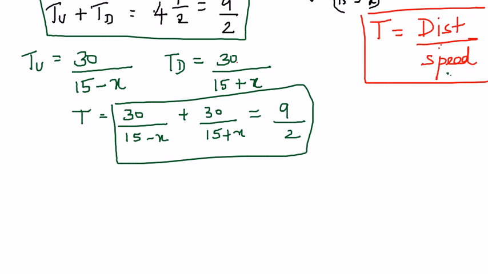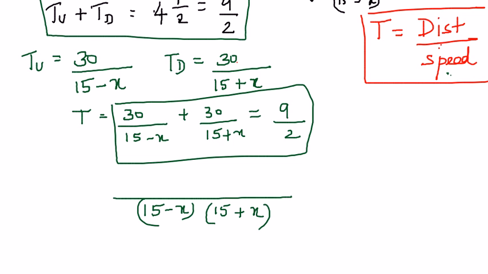So whenever you add two rational expressions, you have to take the LCM. So what is the LCM for this? It is 15 minus x into 15 plus x. And in the numerator, I'm going to take this 30 outside. So if we take 30 outside, it will just be 1 and 1 here, right? Let me just explain what I'm doing.